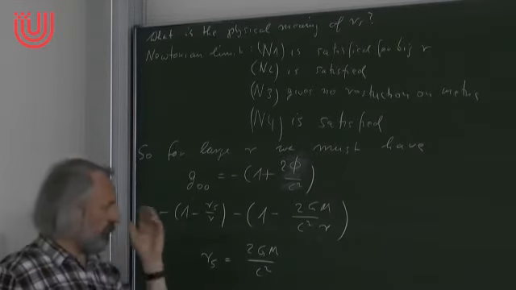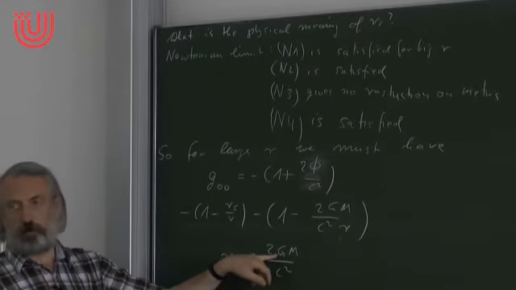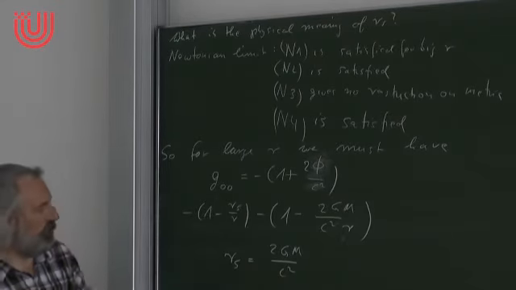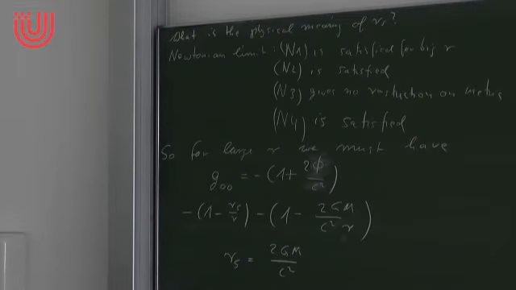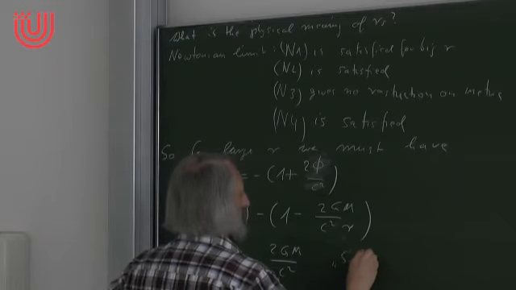So many books and many authors work with units where c is 1 and where G is 1. And then Rs is just 2m. That's the statement you will often hear, that Rs is just 2m, and Rs is a so-called Schwarzschild radius. So this is the Schwarzschild radius.